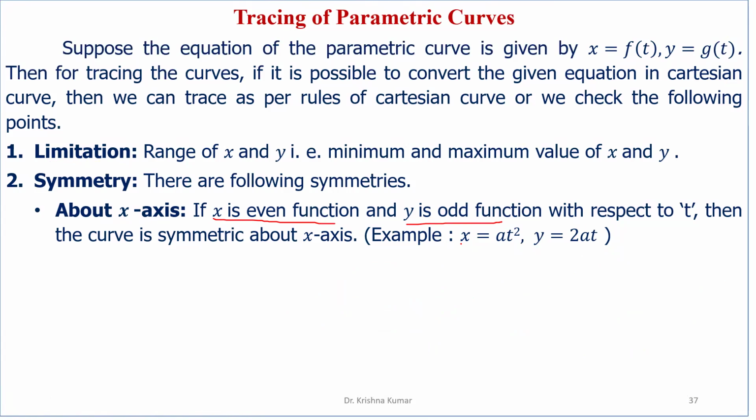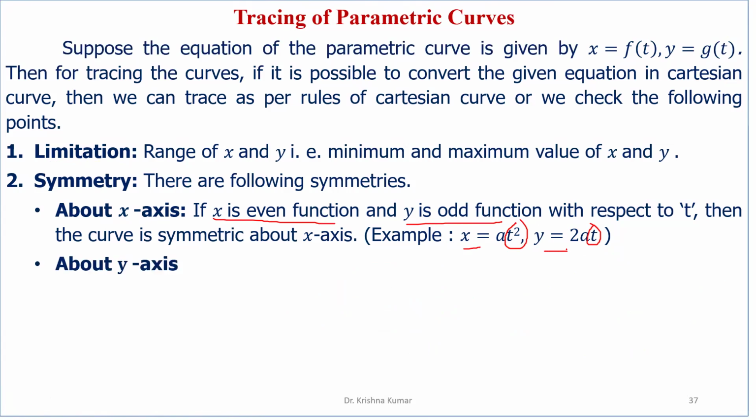Here x is an even function because the power of t is 2, and y is an odd function because t has power 1. Therefore, this curve is symmetric about the x-axis.